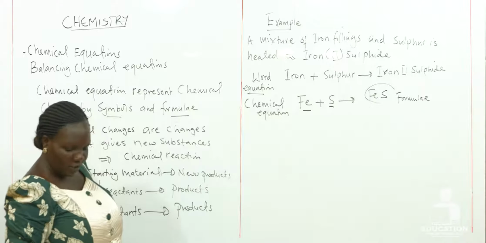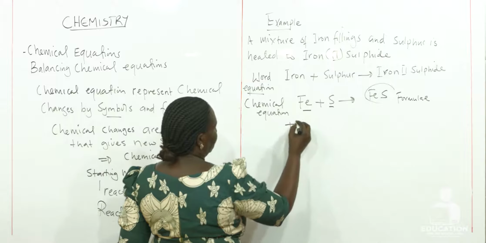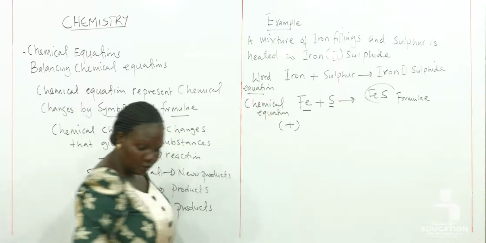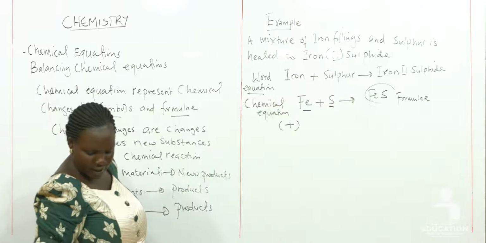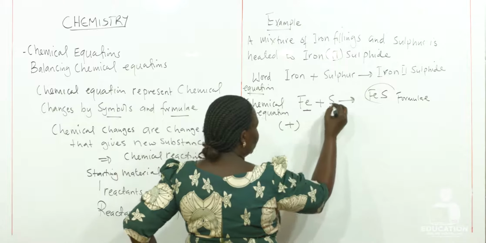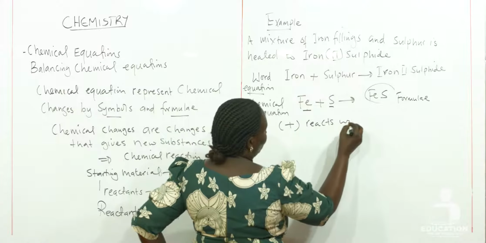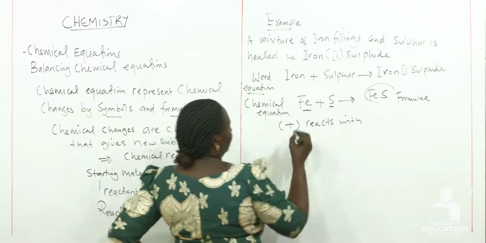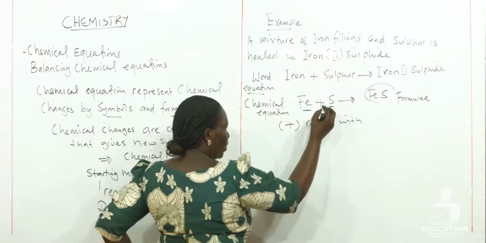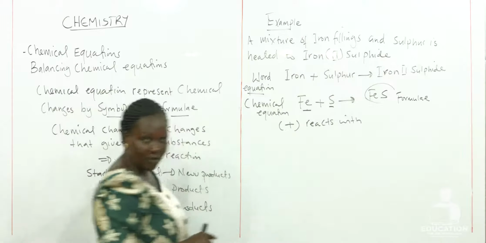Then in the equation we have the plus sign. This plus sign is an indication that iron reacts with sulfur.